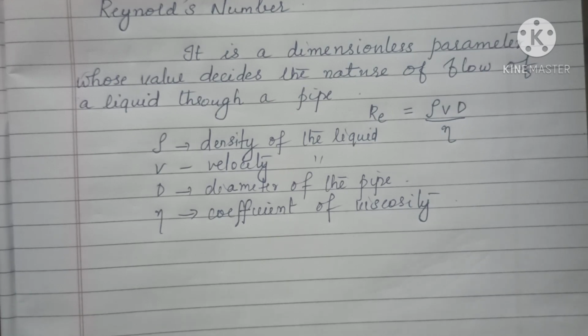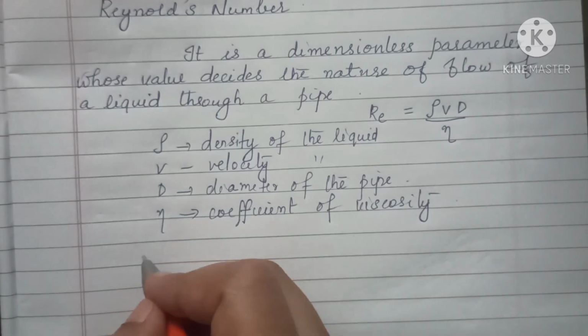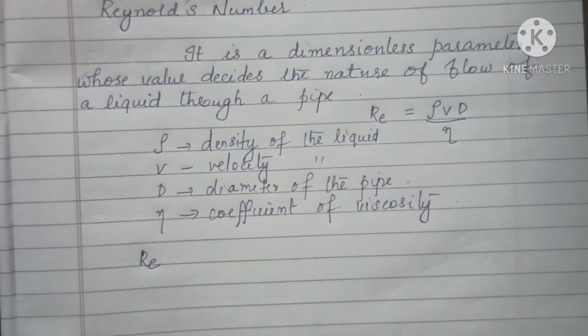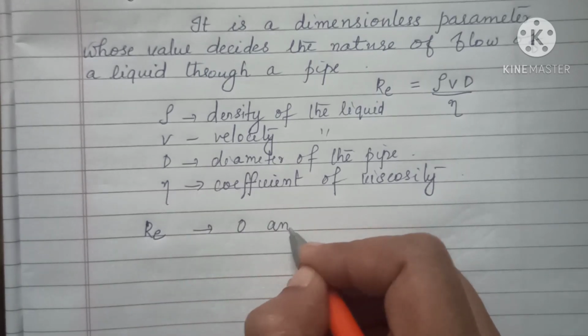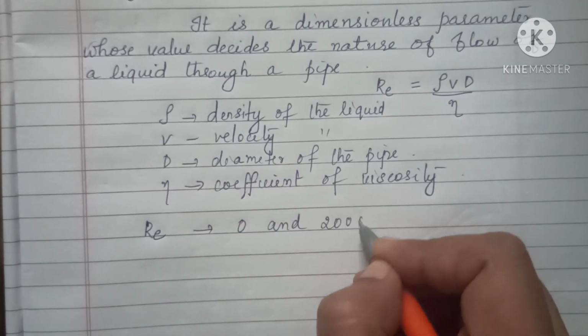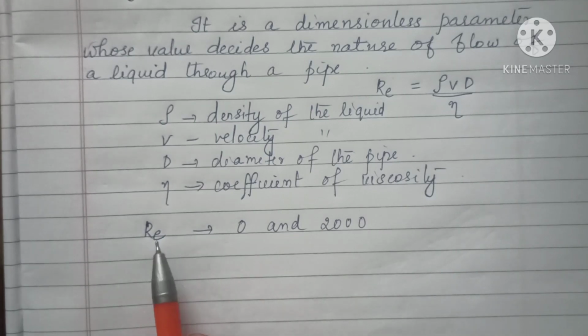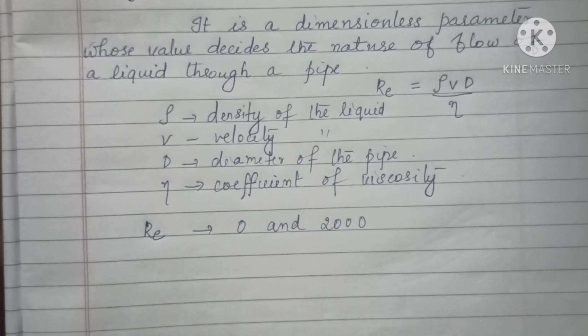Now how is this Reynolds number important? If the value of Re lies between 0 and 2000, as I told, by knowing the value of Re you can identify whether the flow is streamlined or turbulent.